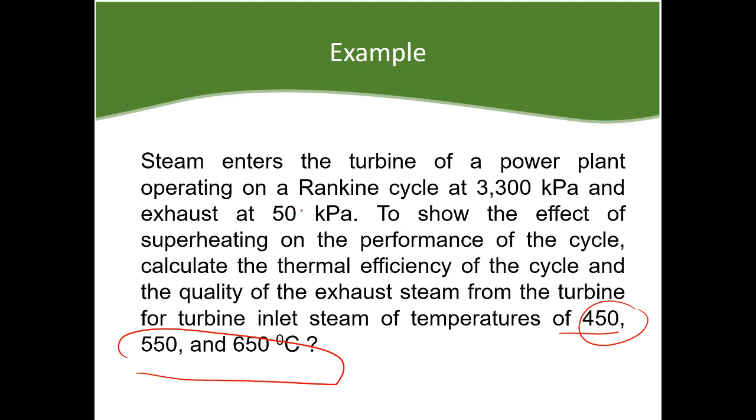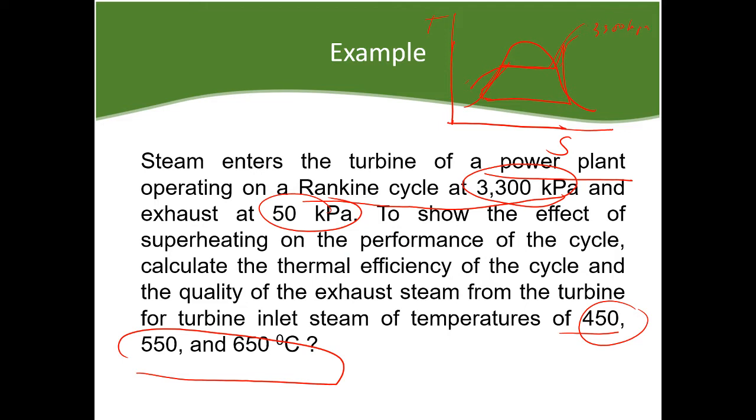So basically, we have a power plant operating between these pressures, 3,300 kilopascal and 50 kilopascal. As you can imagine, if this is our TS diagram, and this is our Rankine cycle, this isobar here is at 3,300 kilopascal.